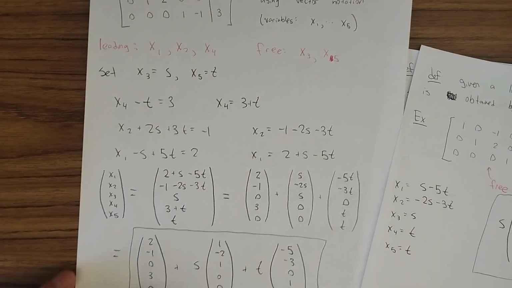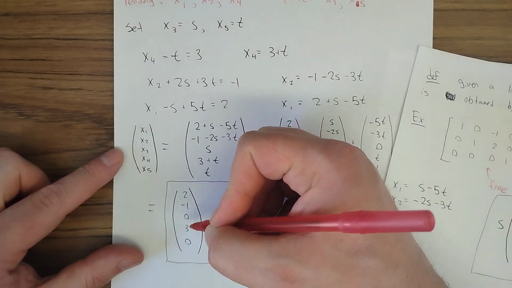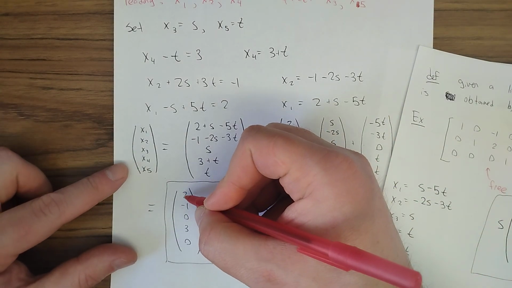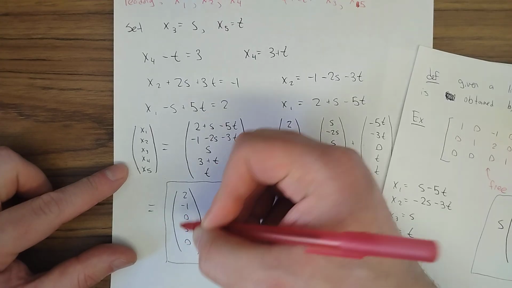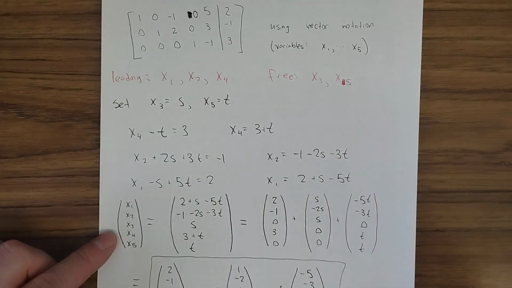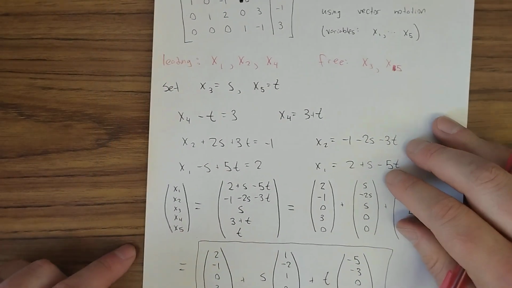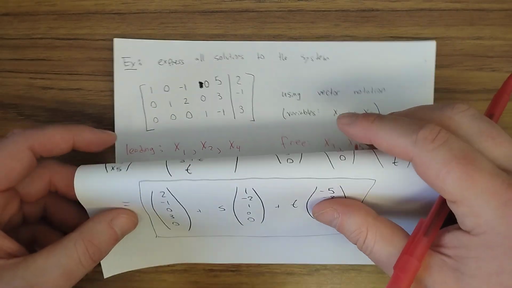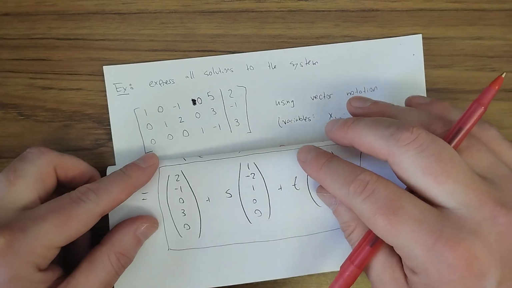And let's actually check that it's true. I'm claiming that this represents a particular solution to the non-homogeneous equation. In other words, x1 is 2, x2 is negative 1, x3 is 0, and so on. If I plug that in, this isn't that terrible.